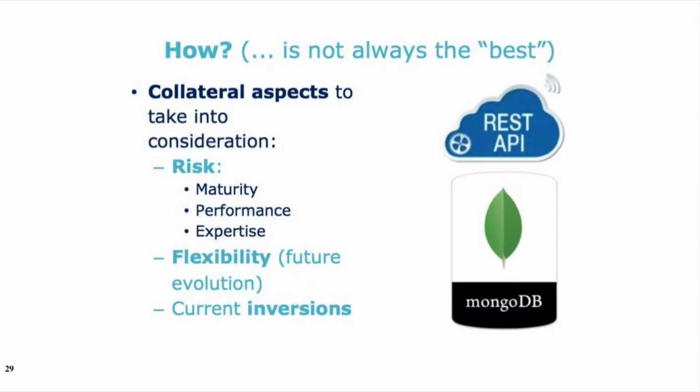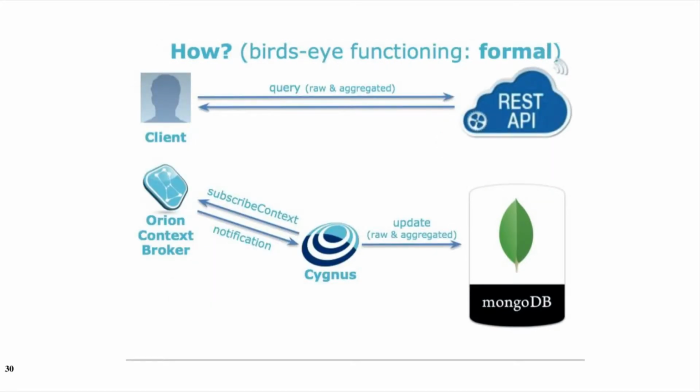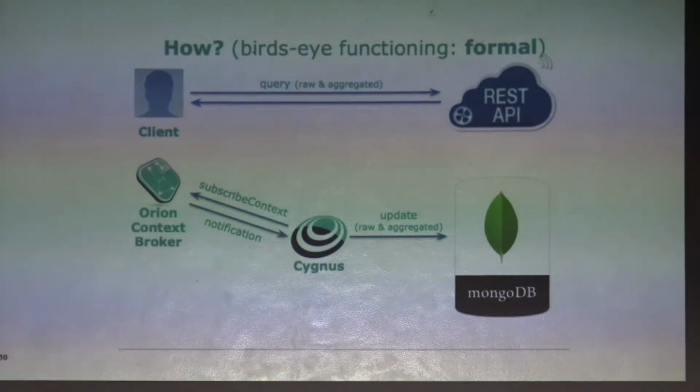There's an option actually, you can skip Cygnus altogether. If you don't want multiple sinks at the same time, maybe if your application just cares about aggregation and time series, you can simply connect your context broker directly to STH Comet.